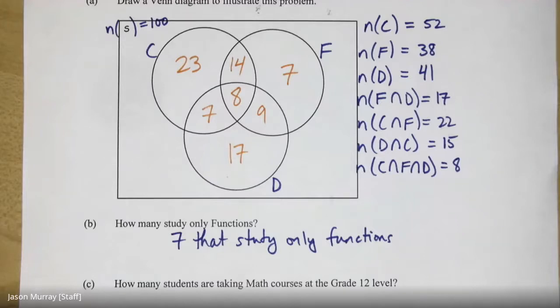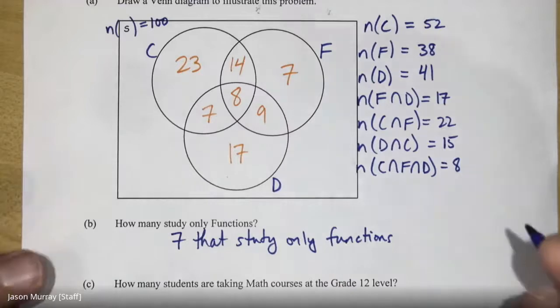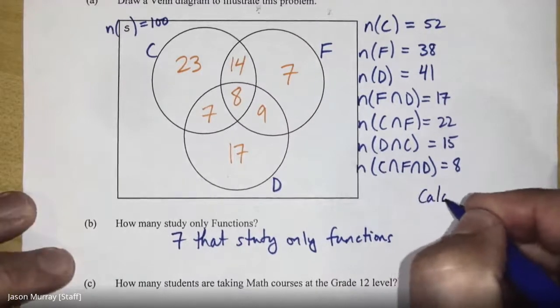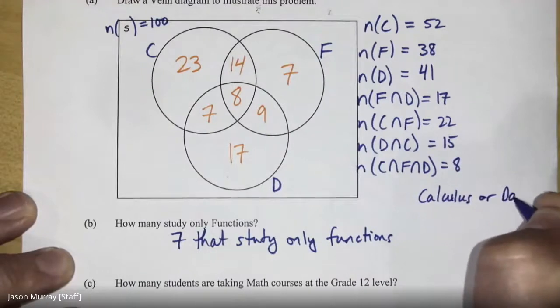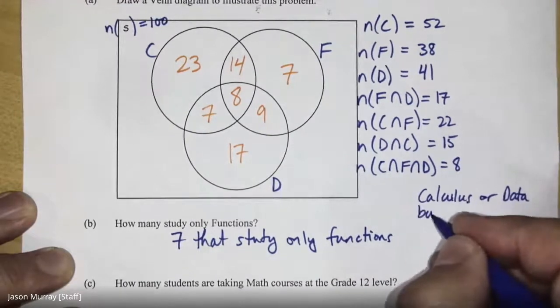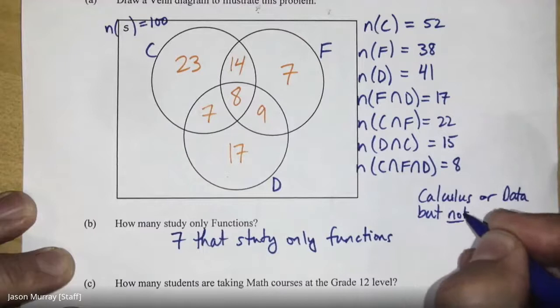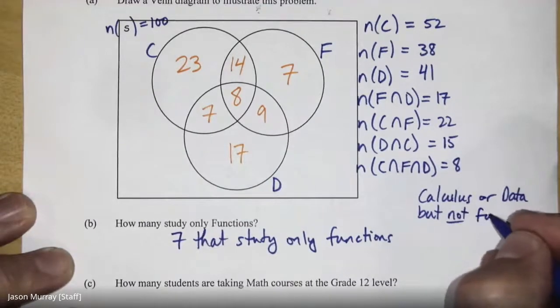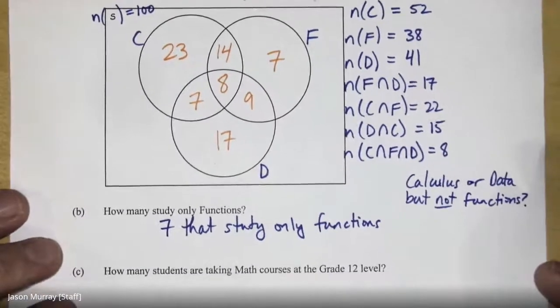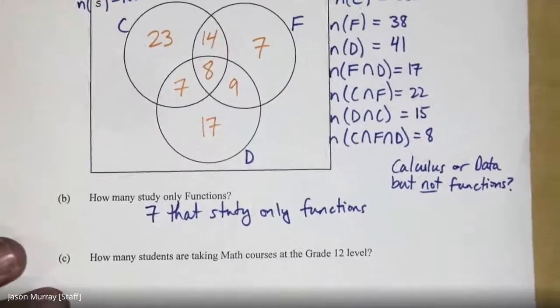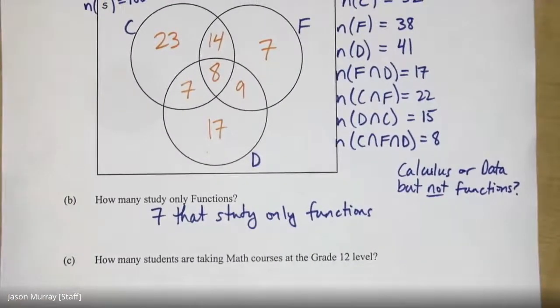How many students are taking calculus or data, but not functions? I'm just writing the question down. So how many are taking calculus or data, but not functions? What do you think?